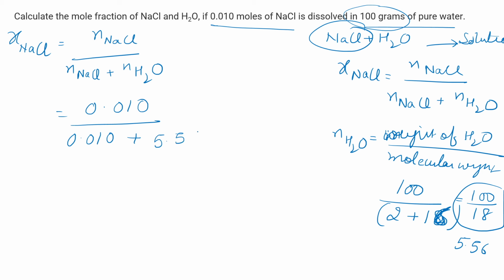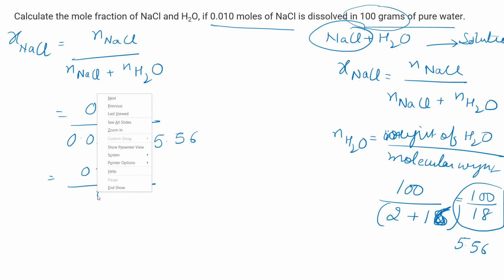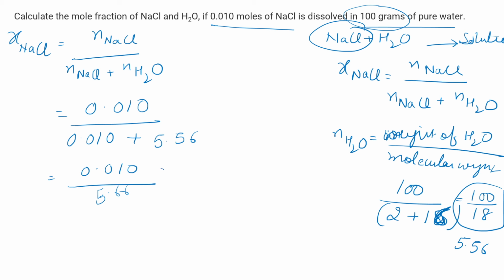So putting the value over here, 0.010 divided by the sum, 5.57, the mole fraction will come out to be 0.018.